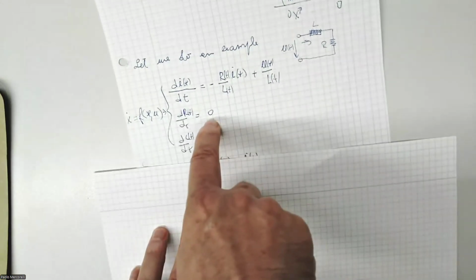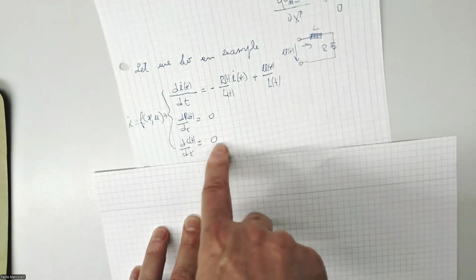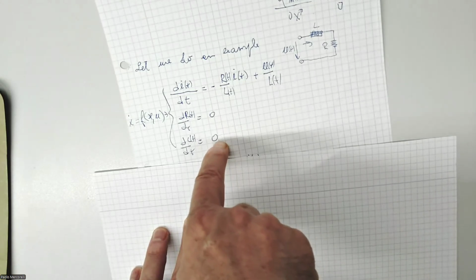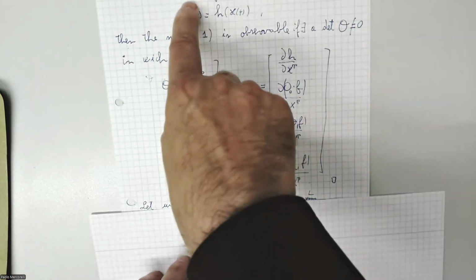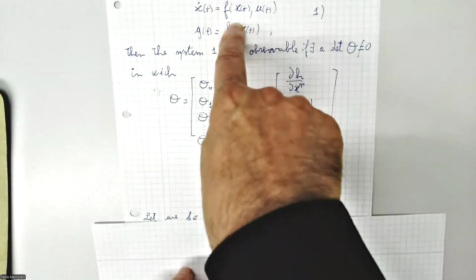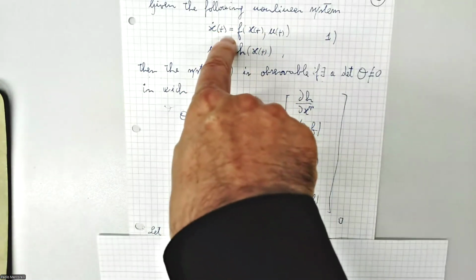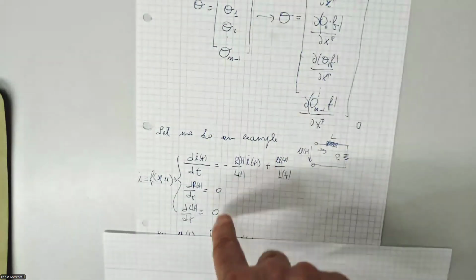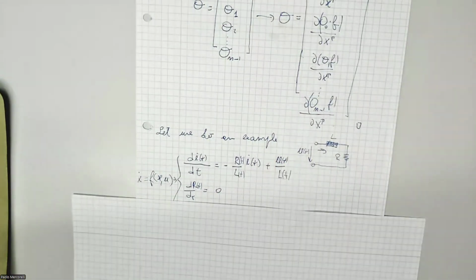The second component is the second equation. And the third component is the third equation, because F is the right part of this general expression. This means this component, this component, this component as a field in column form.